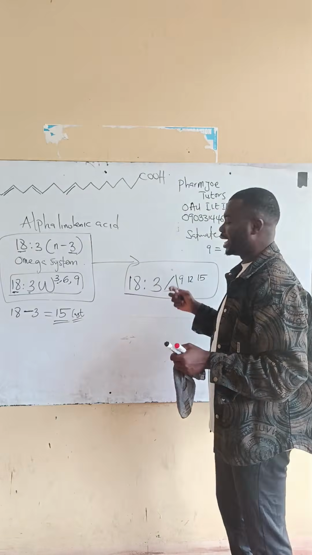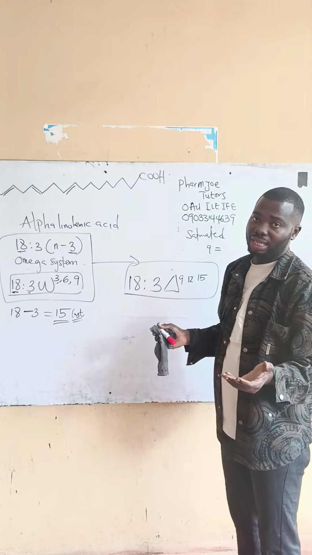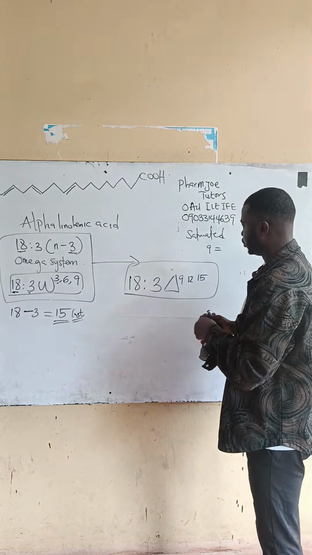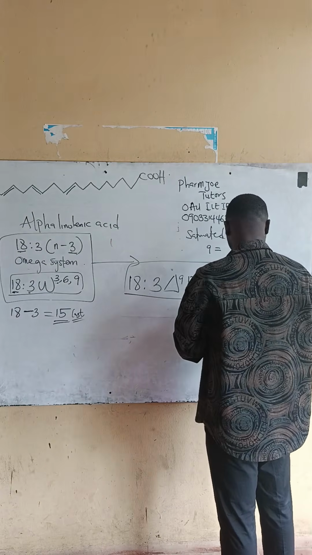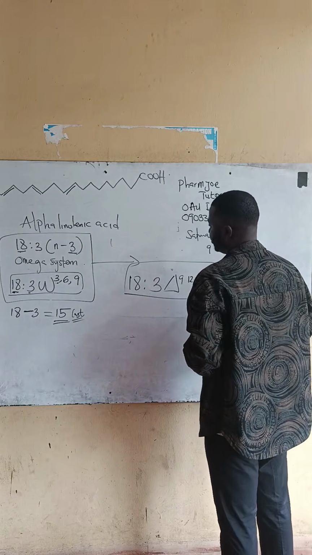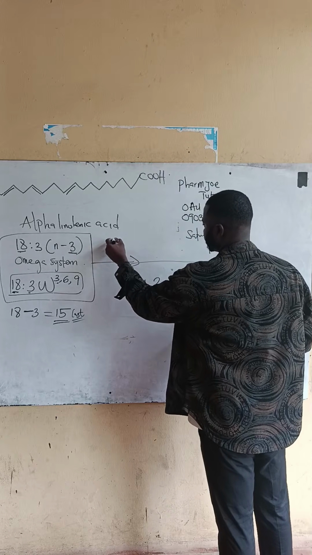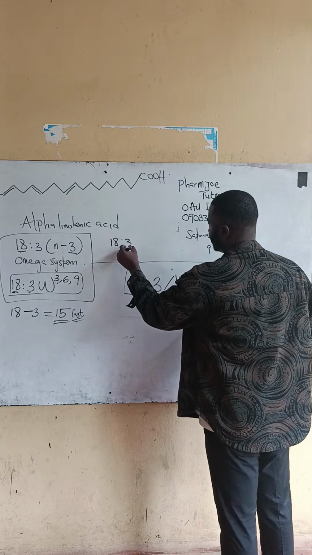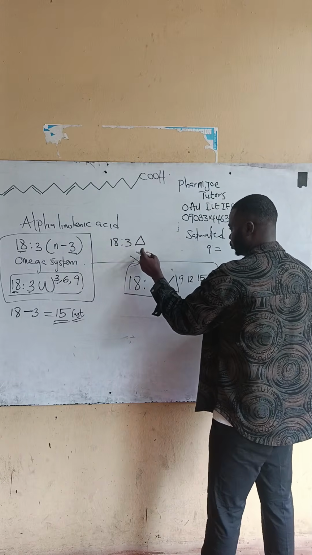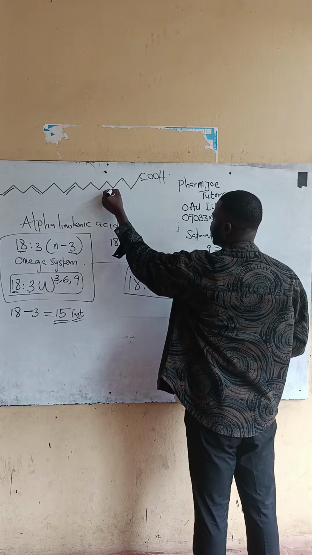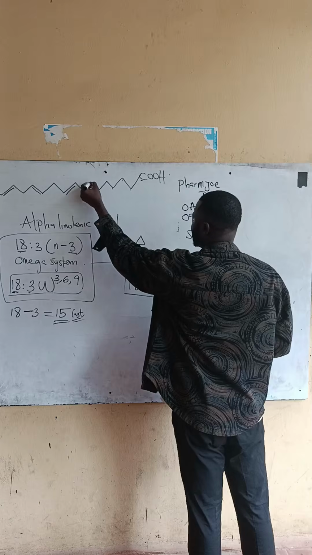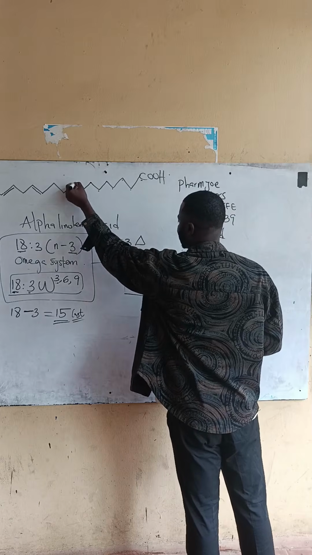Omega. Now delta, where do we count our delta from? Let us go. That will be 18 carbon. Delta, I want to confirm this is this. 1, 2, 3, 4, 5, 6, 7, 8, 9.